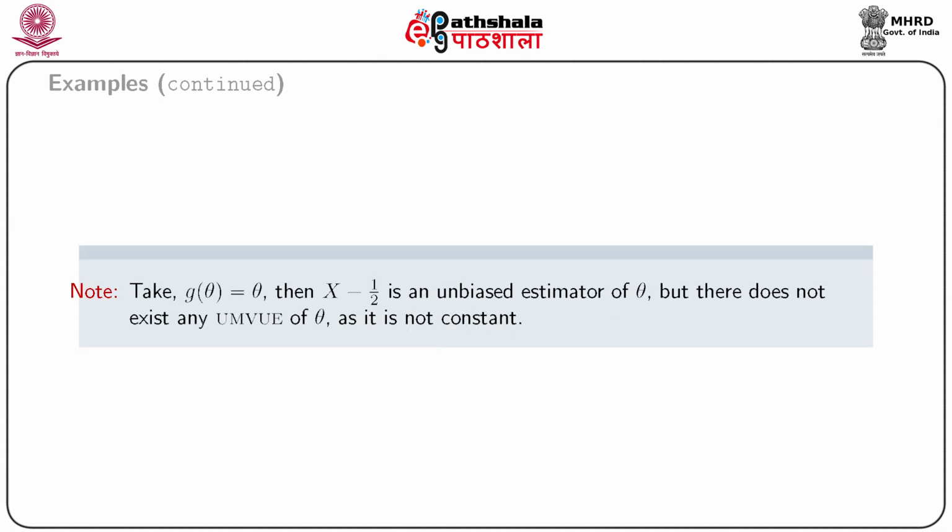For example, if g(theta) = theta, then an unbiased estimator of g(theta) is X minus half, but there does not exist any UMVUE of theta.